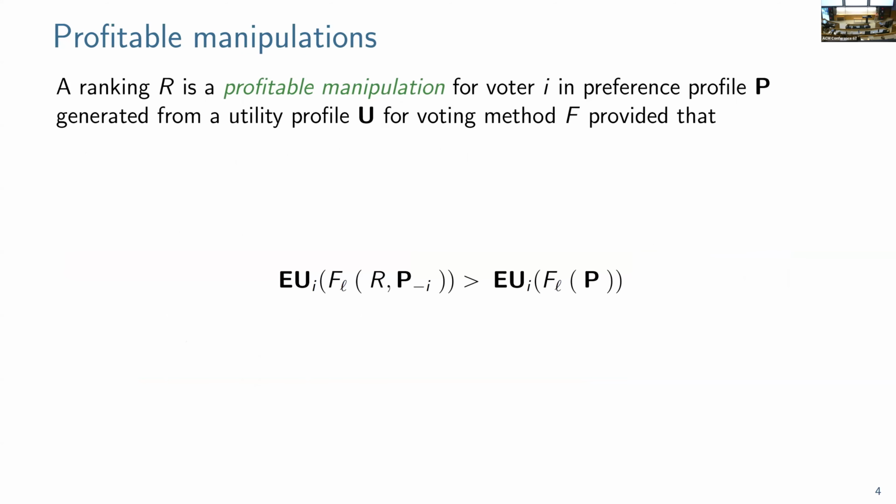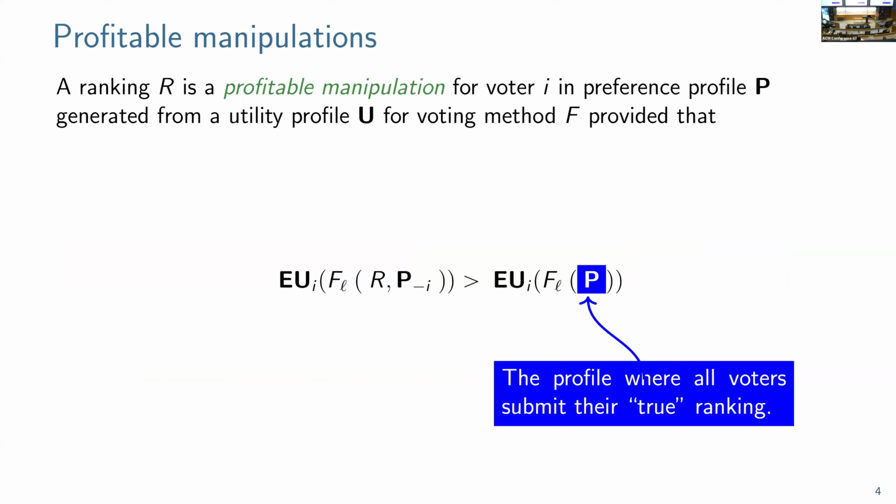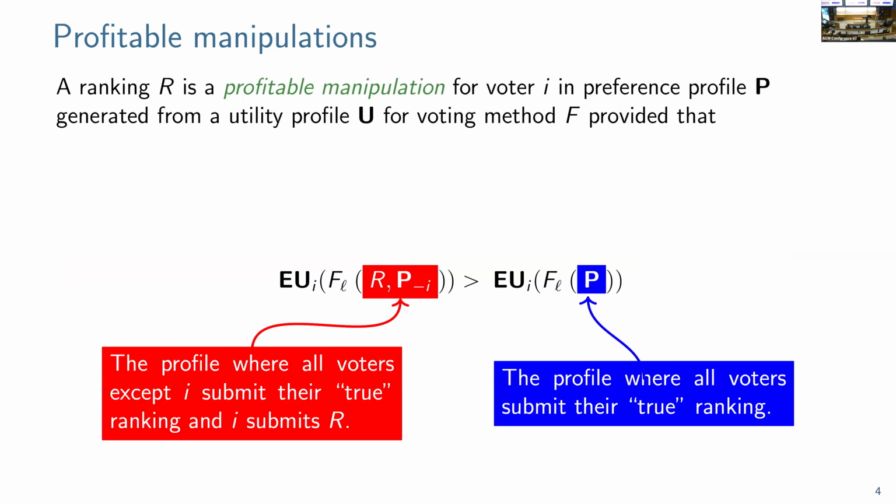Now we're going to measure the profitability of a manipulation in a way you probably all would guess. So given the profile where everybody submits their true ranking, their quote unquote actual ranking, and this right here is the profile where one voter or manipulator votes differently. They give a different ranking of their alternatives.